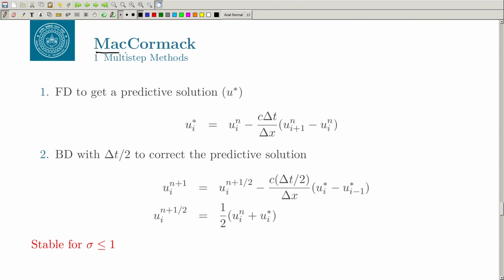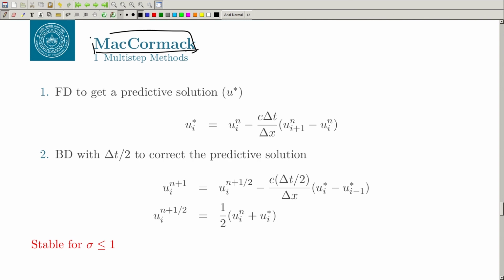This is also a multi-step scheme, and this is very popular in the CFD community. In fact, when you start solving, let us say, Euler's problem for a nonlinear problem, let us say the shock tube and other problems, the first scheme of your choice will be the McCormick scheme.